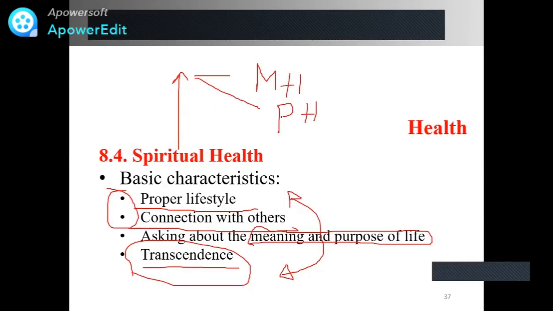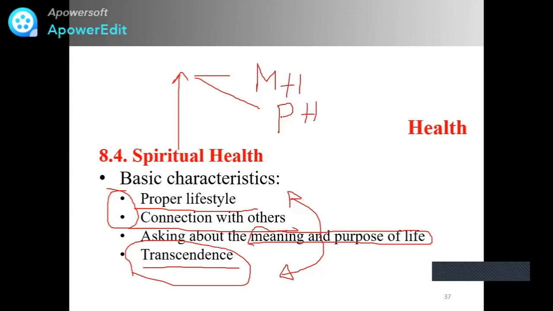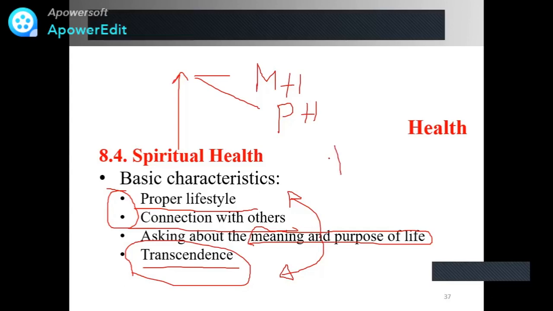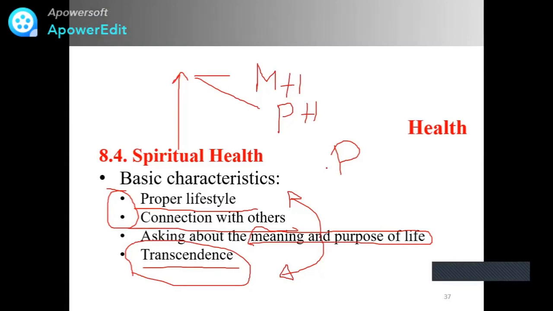As a result of maintaining spiritual health, it may help patients experience less pain. We can reduce pain. For example, many Buddhist people, if there is a very serious injury or illness, say, oh, it is my karma. That is my life because of the karma concept.